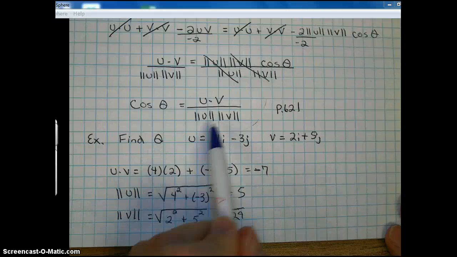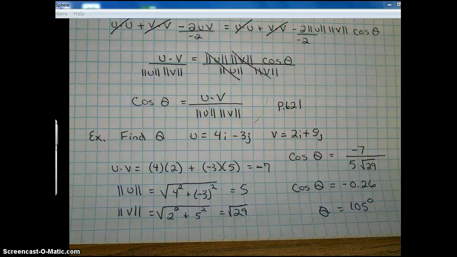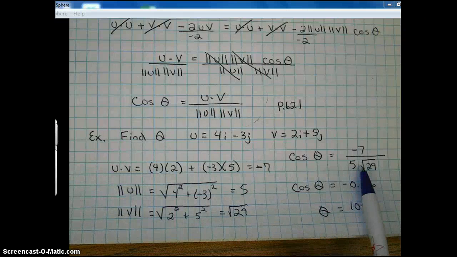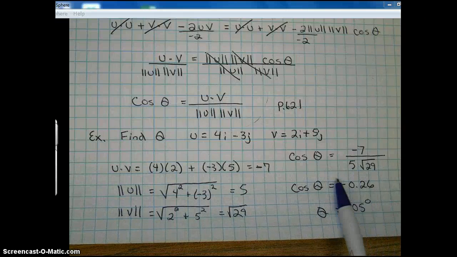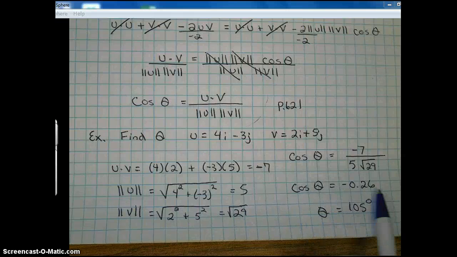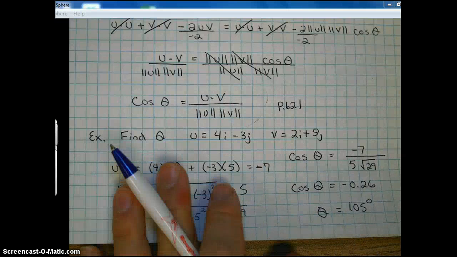And now we're going to plug it in to this formula right here. I plugged the dot product into the numerator, the magnitude of u times the magnitude of v into the denominator. It comes out to this as a decimal. And don't forget, to find theta, you do the inverse cosine of both sides. And if you're in degrees, we get 105 degrees.